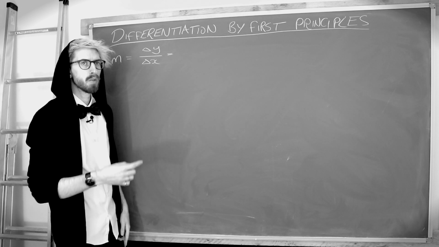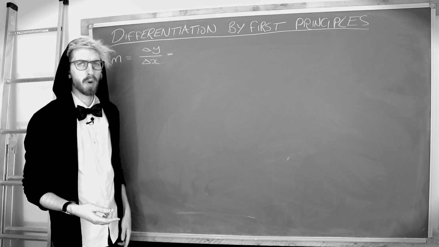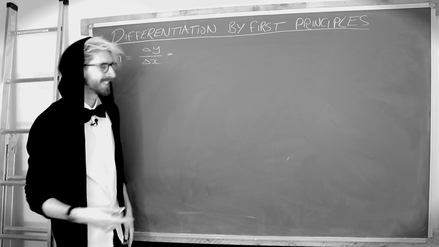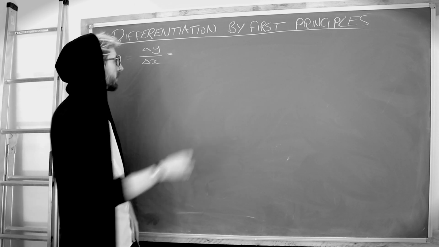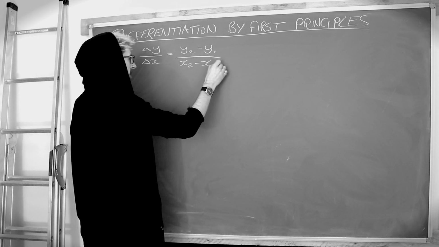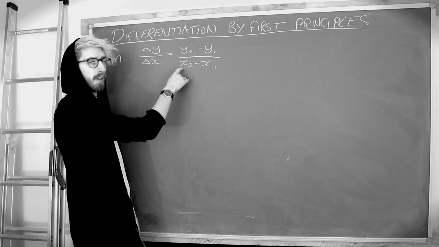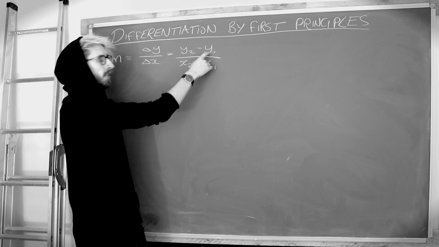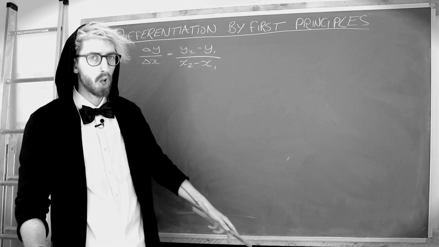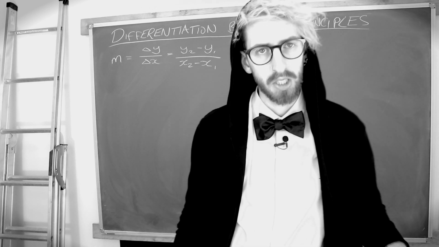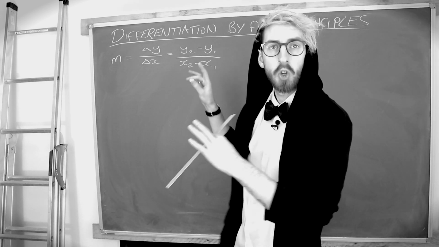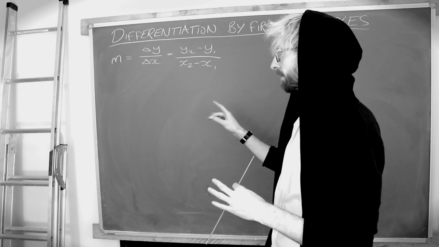So we could write it as y1 and y2, x1 and x2, like a pair of coordinates. It's the difference between this pair of coordinates and that pair. That's the definition of the gradient we're used to.